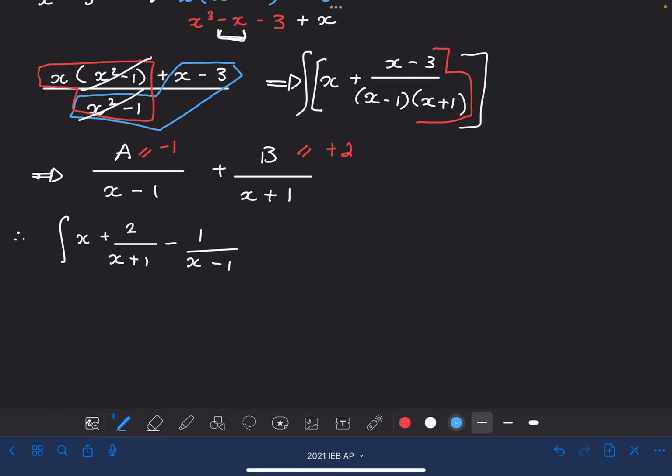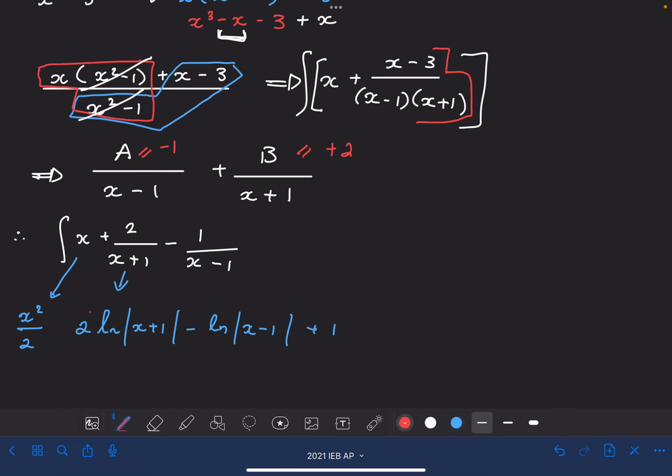So now just going term by term, we know that the integral of x is x squared over 2. We know that you can pull the constant 2 out front, and that's ln absolute value of x plus 1, and then here, minus ln absolute value of x minus 1, plus c, of course.